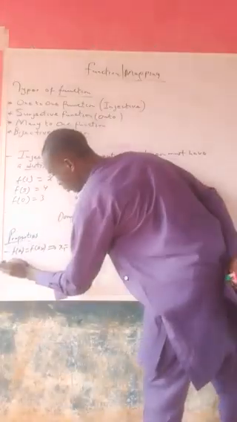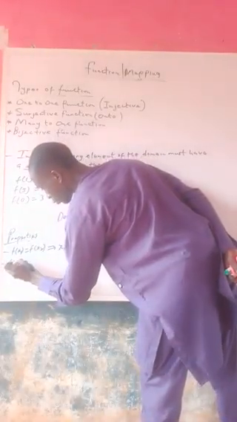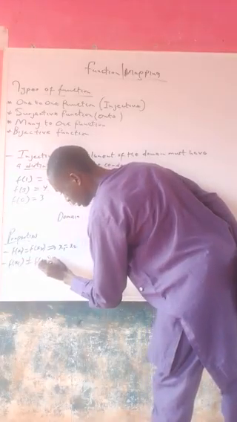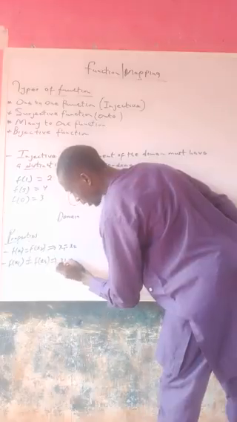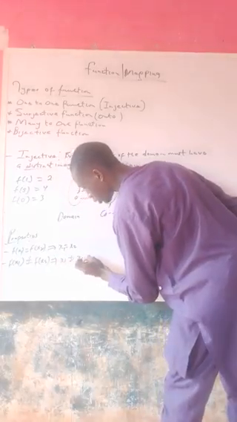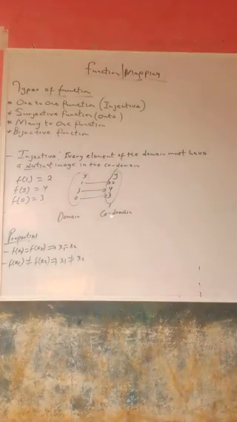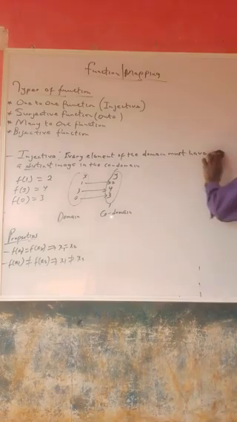Alright, f of x1 equals f of x2 implies that x1 equals x2. And the other one is that if f of x1 is not equal to f of x2, this implies that x1 is also not equal to x2. I would like you to have this at the back of your mind so that you understand this concept very well. Alright, this is all about injective. Now we're moving to surjective function. Okay.